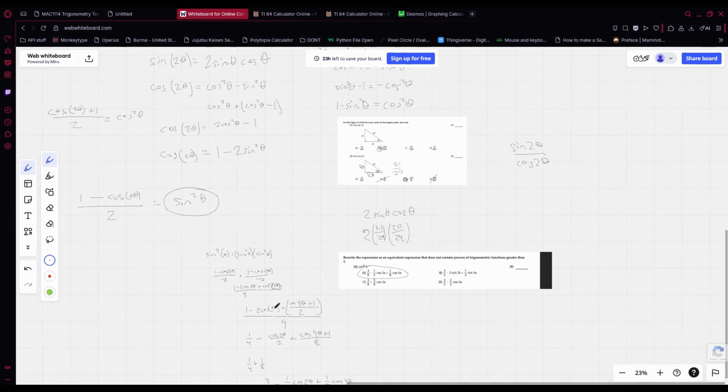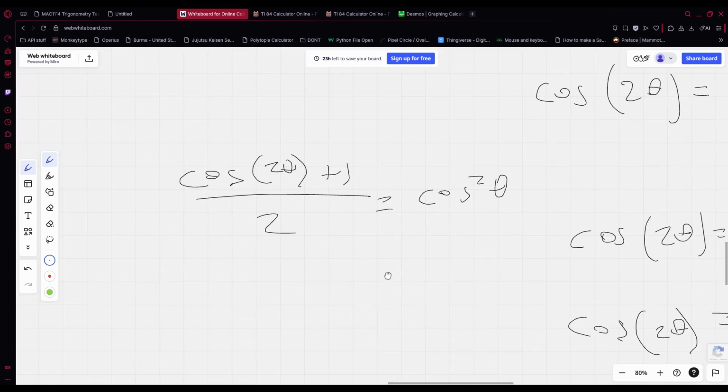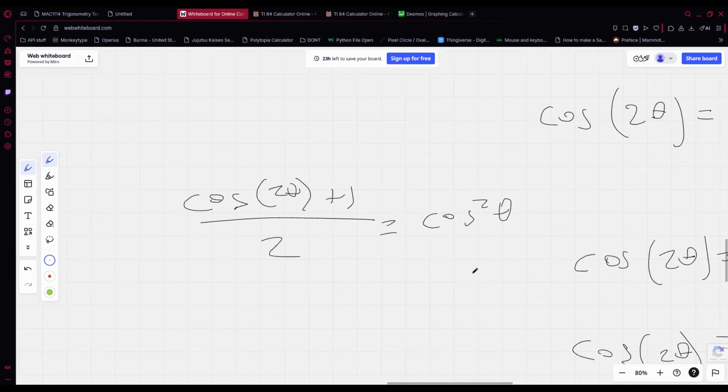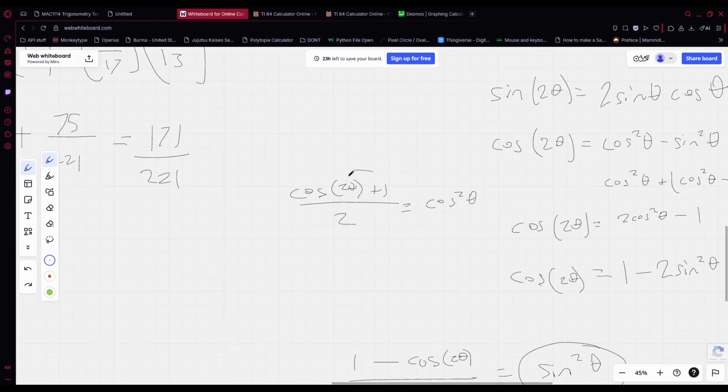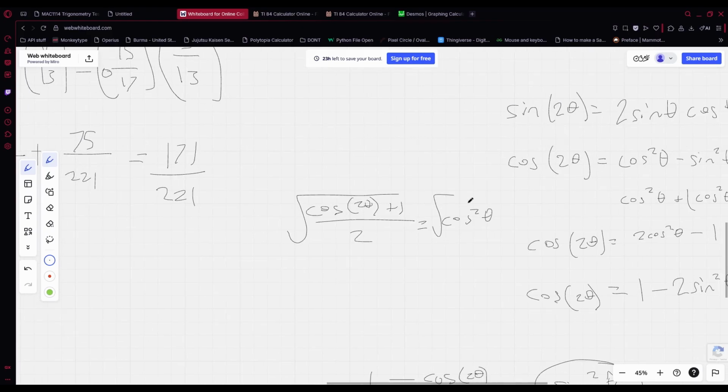And what's great about it is you don't actually have to memorize it. Half angle is just saying, okay, if I put in an angle that's half of what I know, then I should get something double, right? So this formula is really close to what I need. So why don't I just square root both sides?